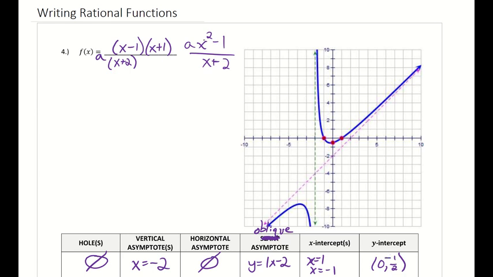Now, if we substitute 0 in for x, these terms would be 0, and we'd end up with -1/2. So in that case, a is just going to be 1, so our function is just going to be x squared minus 1 divided by x plus 2. If we did our long division, we'd end up with that oblique asymptote.